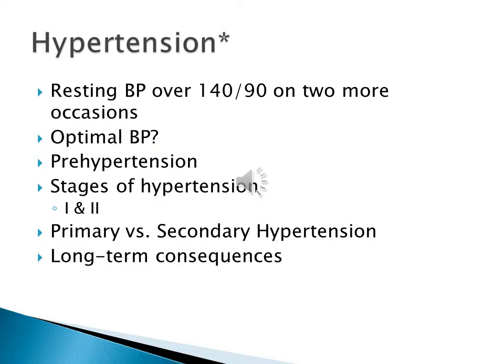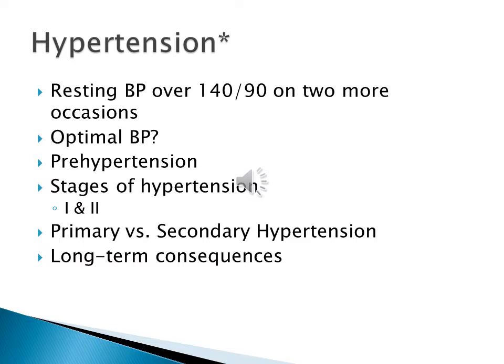Technically, optimal blood pressure is just below 120/80. 120/80 is actually considered pre-hypertension. So what you would like to see is a resting blood pressure below 120/80. For instance, 115/75 would be even more optimal.